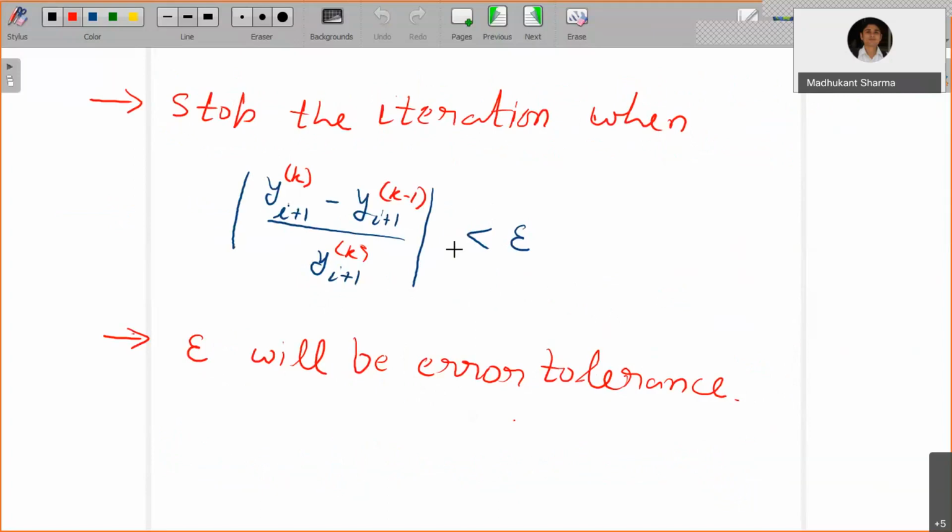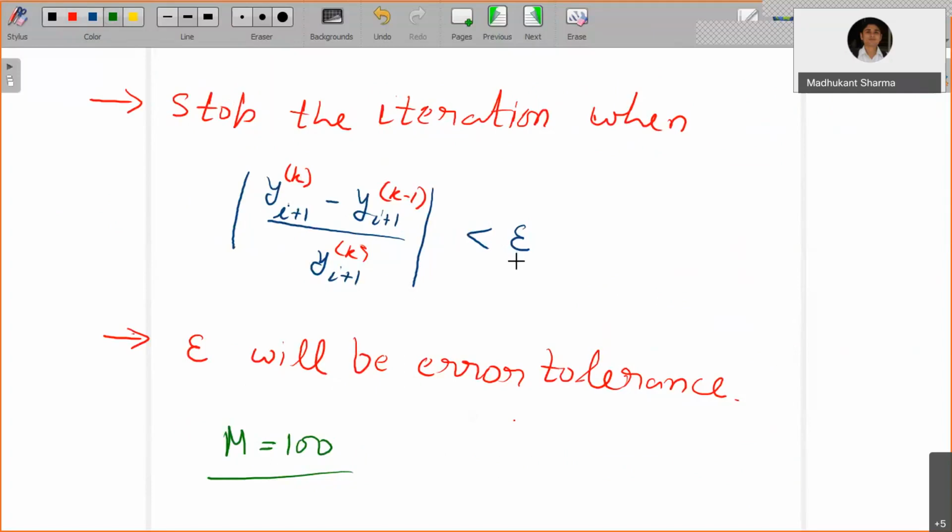Sometimes what happens is, suppose you have given the maximum number of iterations as, let's say, 100, but still this error tolerance is not satisfied.